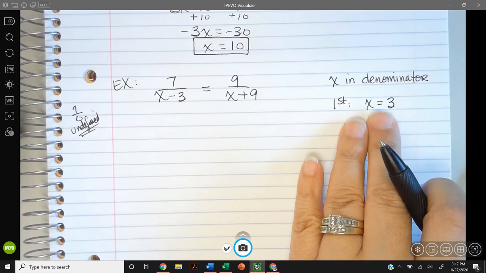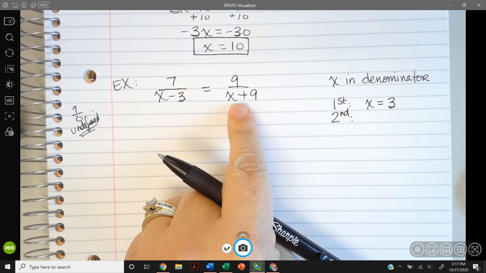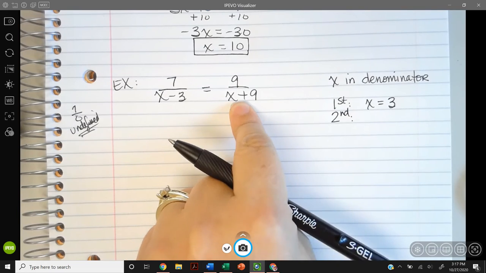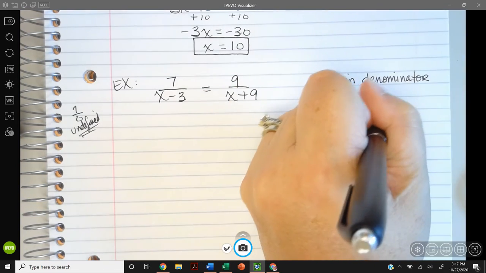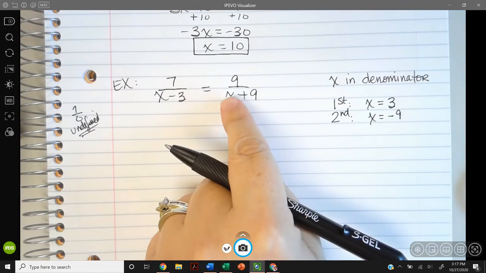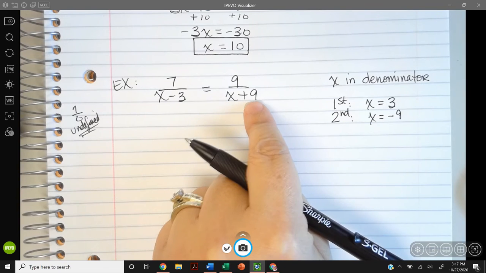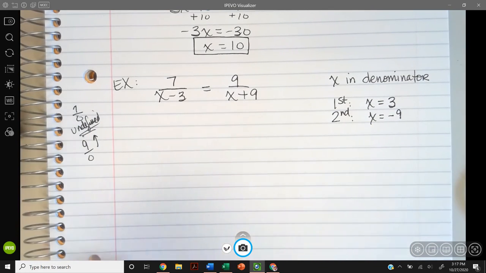My second problem: what happens after I solve the problem if x were to equal negative 9? Again, negative 9 plus 9 would be 0, and I would now have 9 over 0, which means I'm back to my situation of undefined.